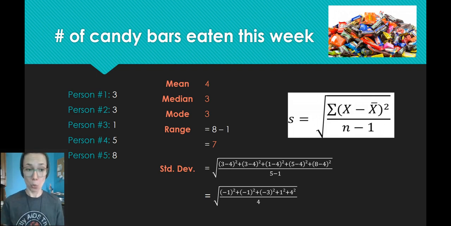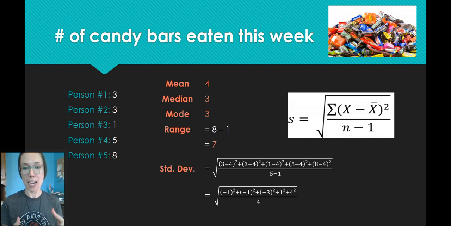And now we have to square these numbers. As you may or may not recall, this little tiny 2 up here is asking you to square that number. What squaring something means is we take that number times itself.